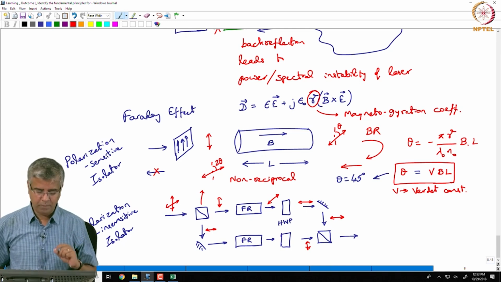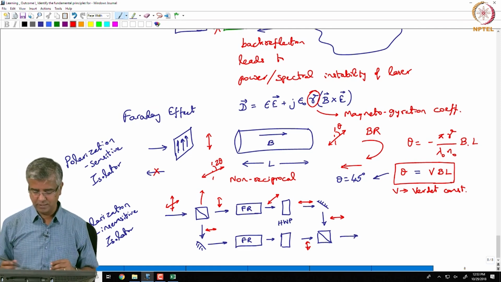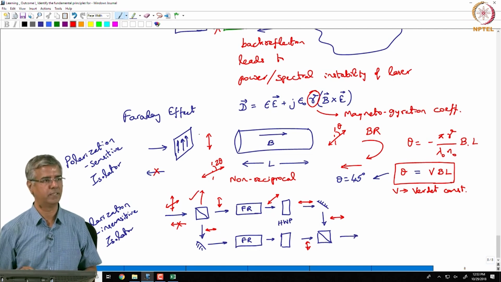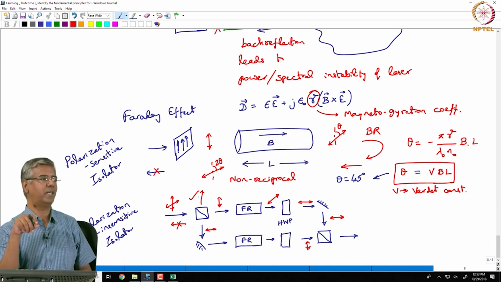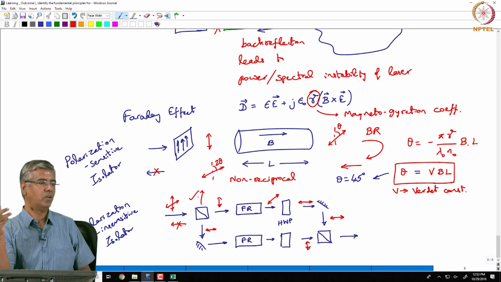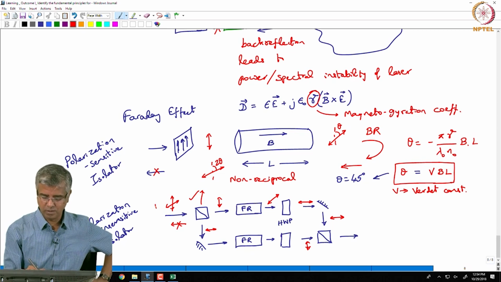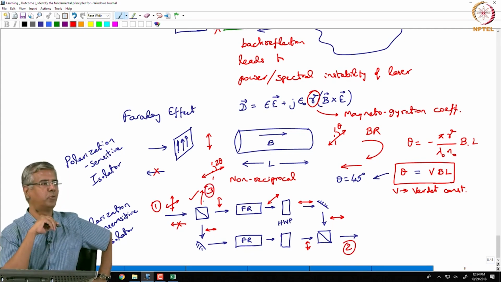There is a very fine point over here. When we talk about a polarization insensitive isolator, we are talking about light not going back towards the source. So, we are blocking this light, but we are actually having light go into that other direction. So, there is an opportunity to pick up that light and use it also, or in other words, maybe your intention is to go from port 1 to port 2, but anything from port 2 you actually want to extract from port 3.